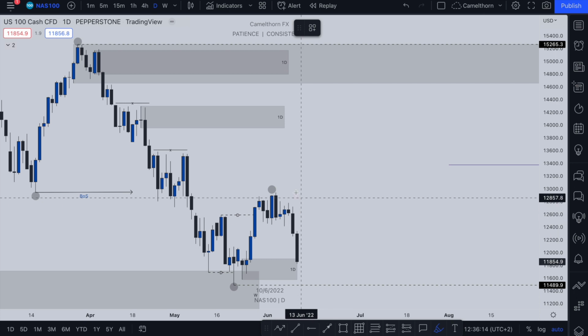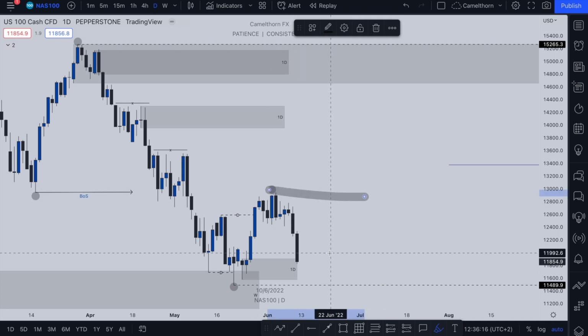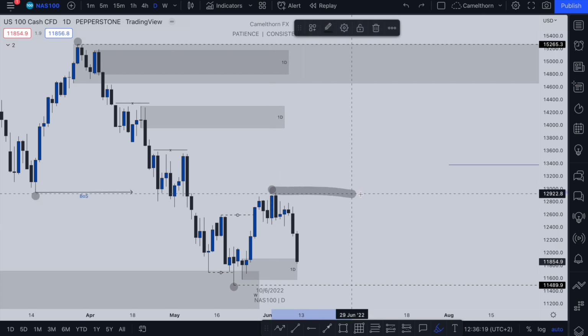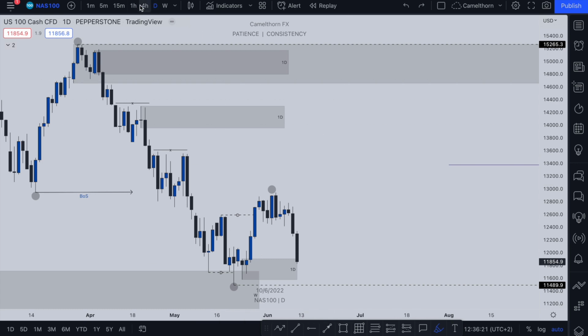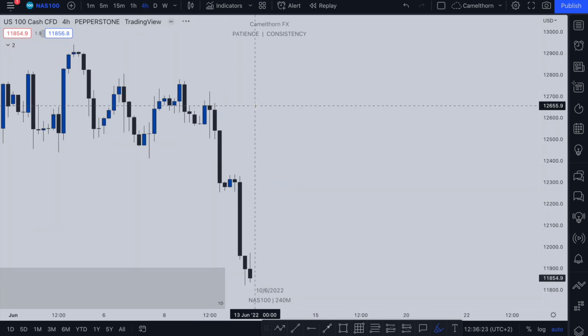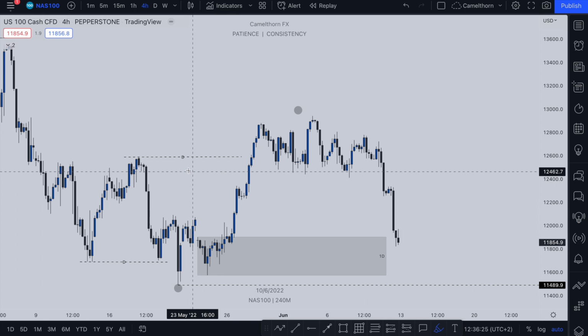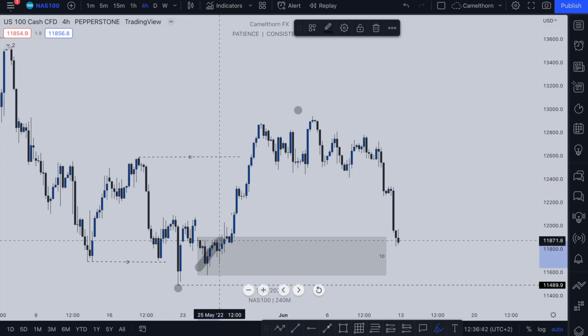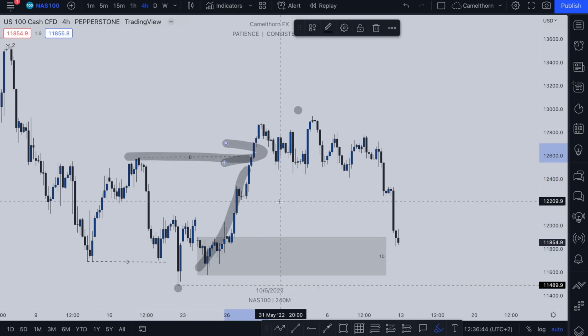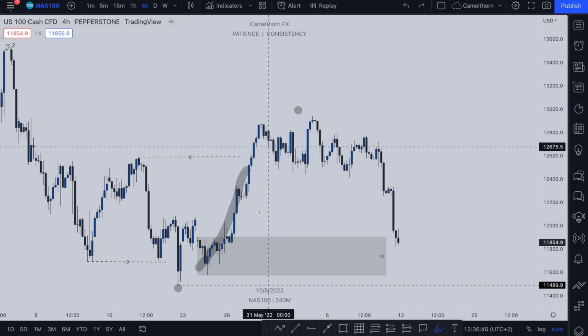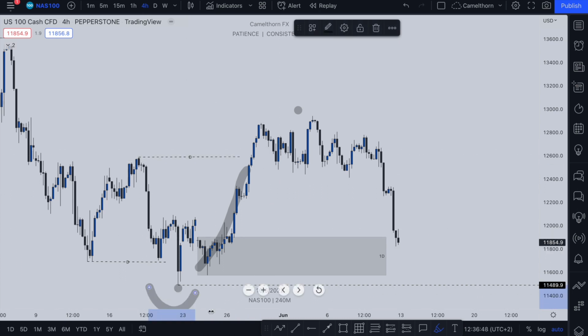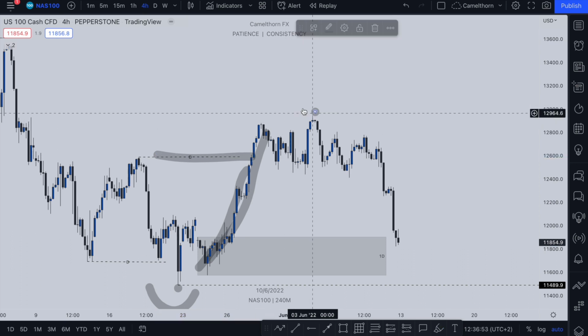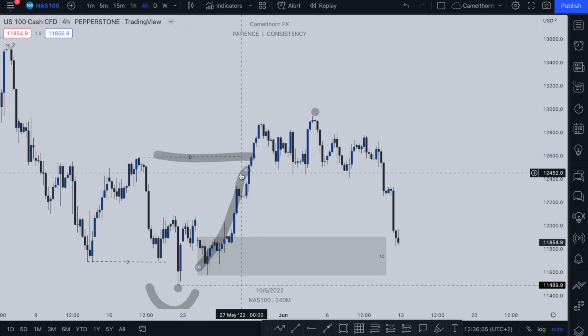What we want to see is, we want to see this particular high go. Now the reason I say we want to see this particular high go is because if we just quickly drop down to that 4 hour chart, we can see that we've obviously had this really strong break of structure. So from a 4 hour point of view, we have this confirmed lower low breaking structure to the upside, giving us this particular high in there.